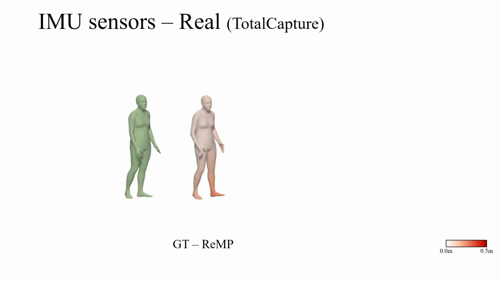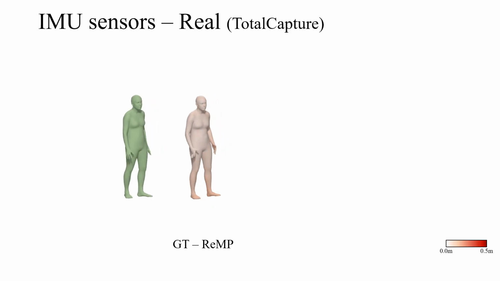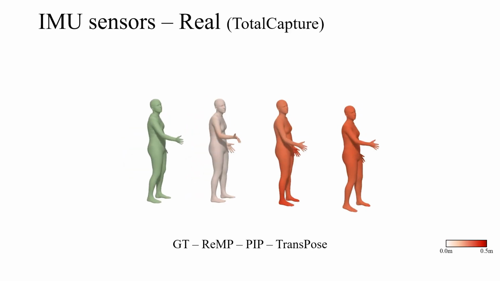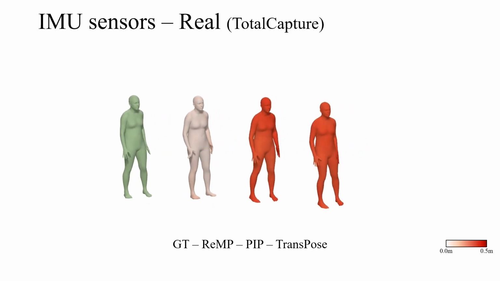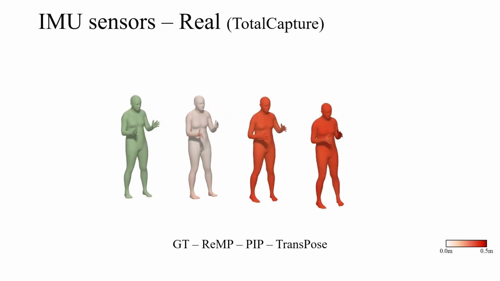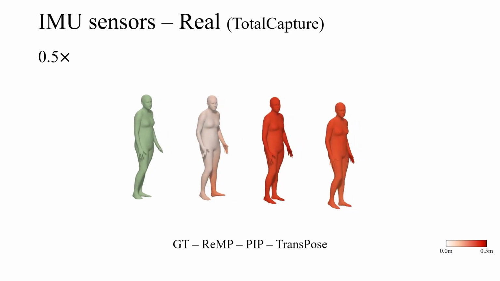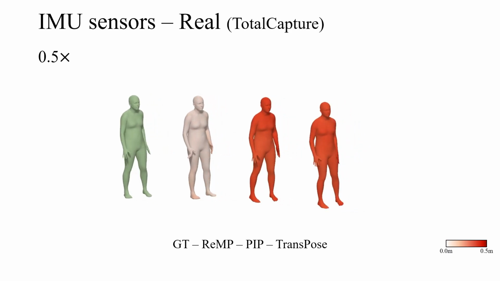This is another estimation result from the IMU sensor. The vertex errors of the baselines are significantly larger than ReMP. This is the last result of estimating the motion.